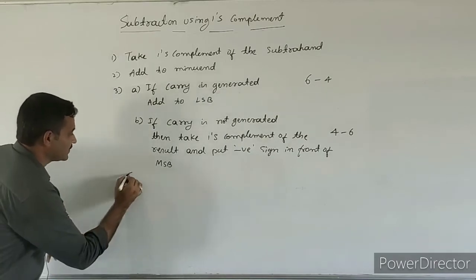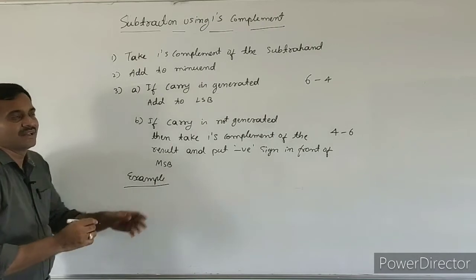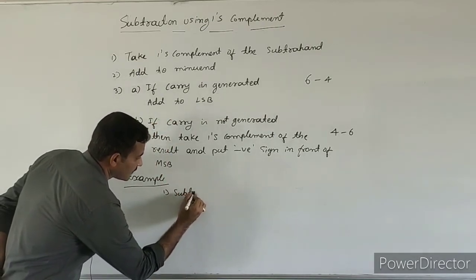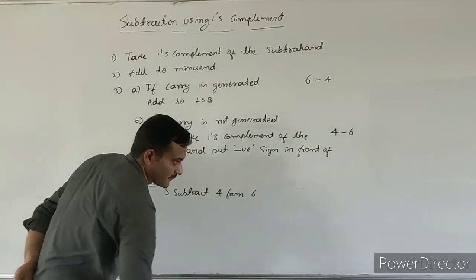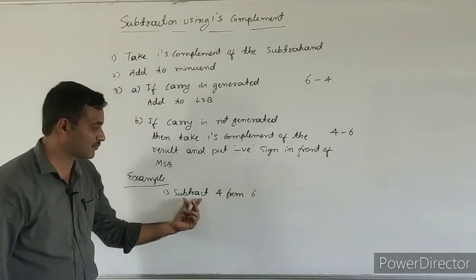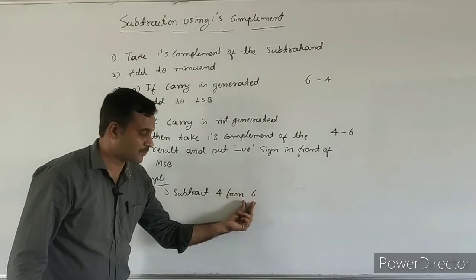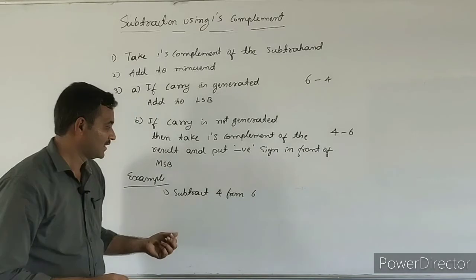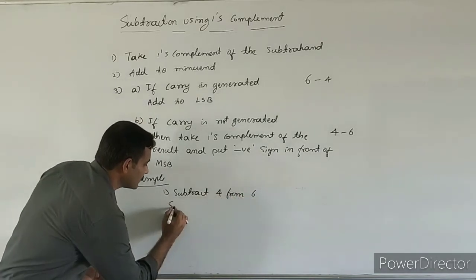For example, take the same one, subtract 4 from 6. Here 4 is the subtrahend, 6 is the minuend. Both numbers are in decimals, so first we have to convert to binary.